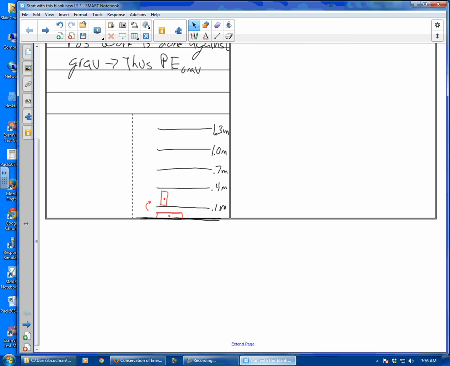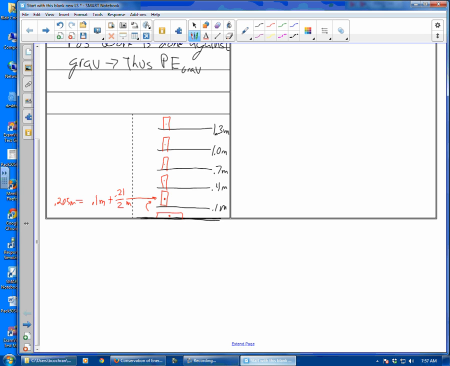So the center of this book isn't at 0.1 meters, but it's at 0.1 meters plus 0.21 over 2 meters, because that's the height of the book. The top of the book would be at 0.1 plus 0.21. And so this is 0.205 meters. We can think about that on each of these shelves, where the centers are.